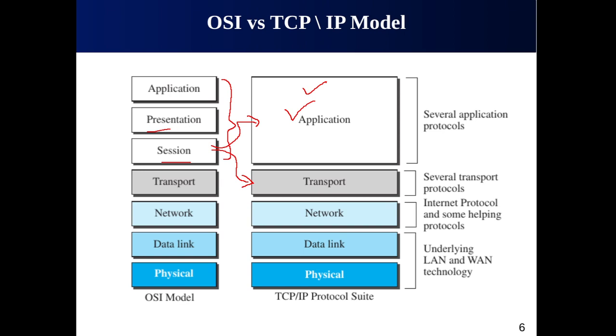The services provided by the presentation and session layers were listed in the document, but the actual protocols for these two layers were not fully defined. So if something is not clear, how can you adopt it for implementation?